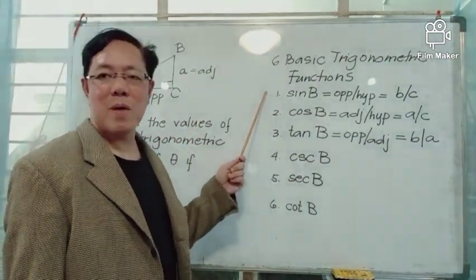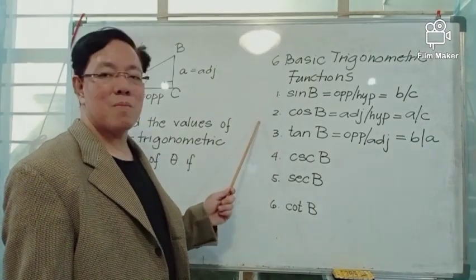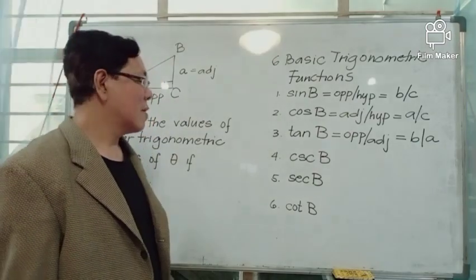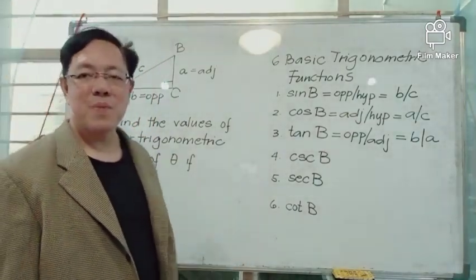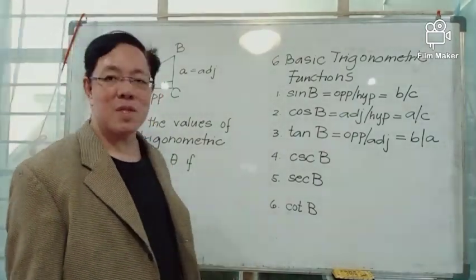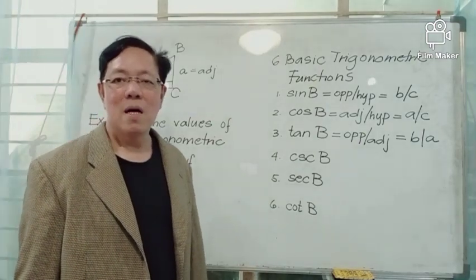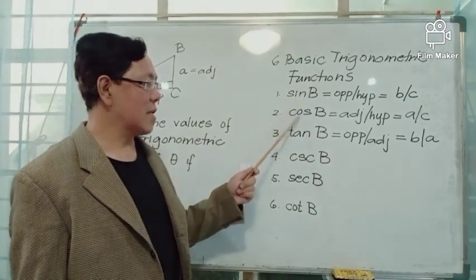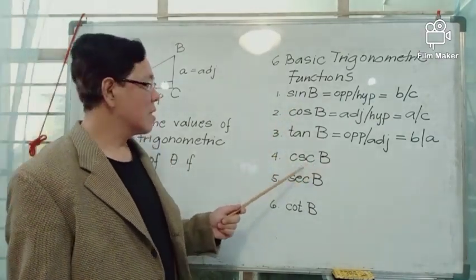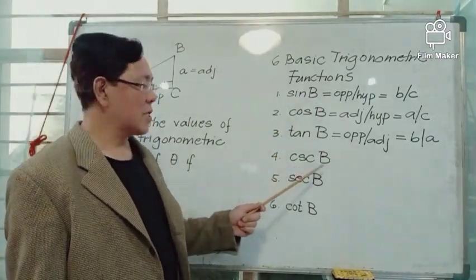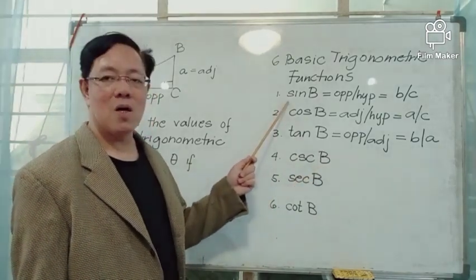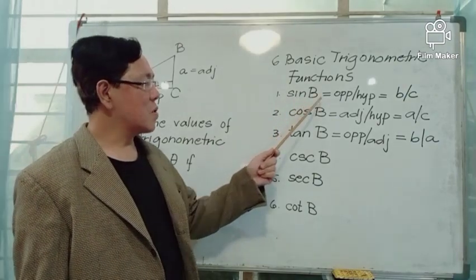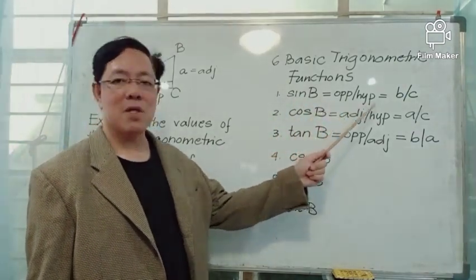You only need to remember the first three of the 6 basic trigonometric functions, because the values of the last 3 trigonometric functions of an acute angle are the reciprocals of the values of the first 3. Cosecant of B is the reciprocal of the sine function, sine of angle B, whose value is opposite over hypotenuse.